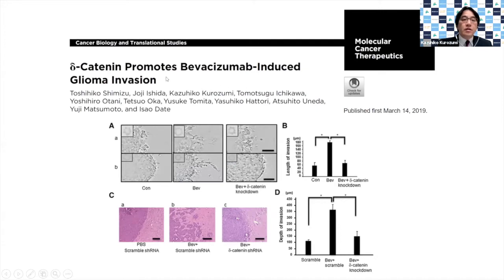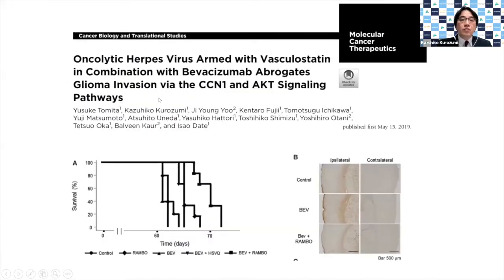Regarding bevacizumab-induced glioma invasion, in another project we found delta-catenin related to this bevacizumab-induced glioma invasion, and we also did work using Rambo, so we can stop that invasion of bevacizumab.